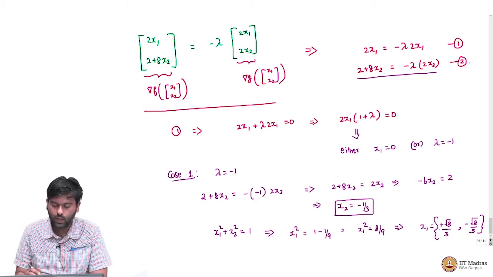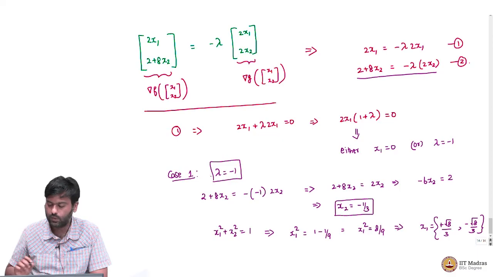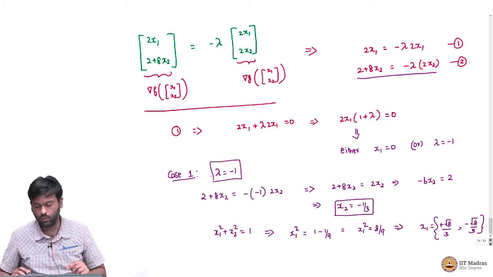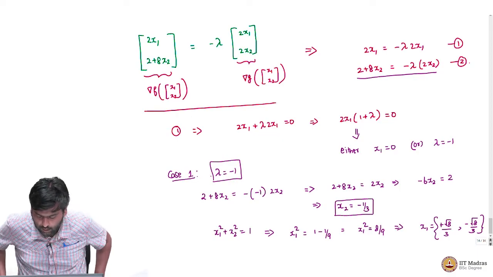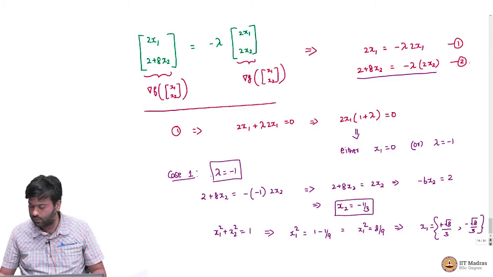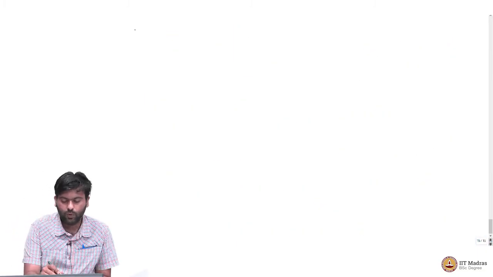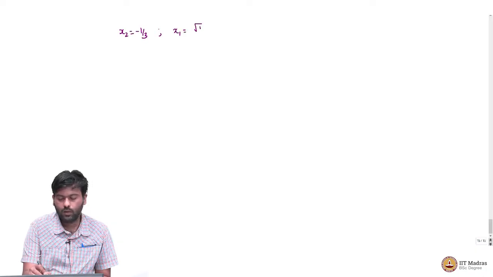Okay, so case 1 when lambda equals minus 1 gives us two potential solutions, which are as follows. We found x2 as minus 1 by 3 and x1 as either square root of 8 by 3 or minus square root of 8 by 3, right.